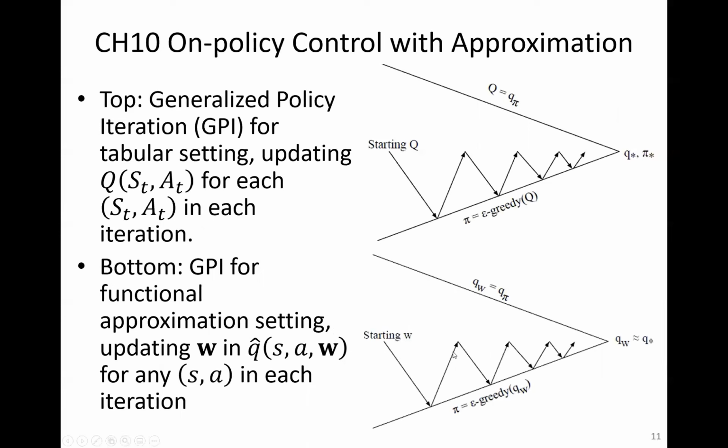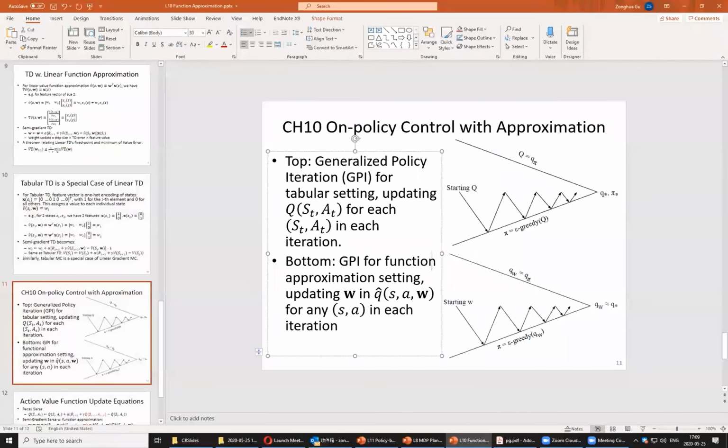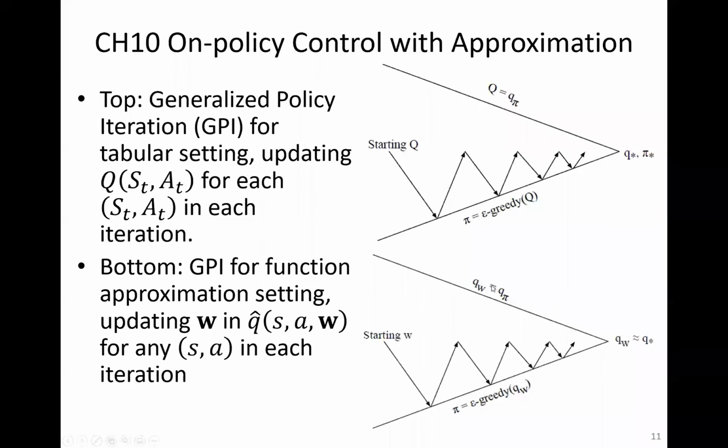But for the function approximation setting, it's essentially the same, except you use Q of W, which is really the Q hat here, as a function approximation instead of a table, and you update the W parameters, which affect the Q hat in each iteration. Other things are all the same.